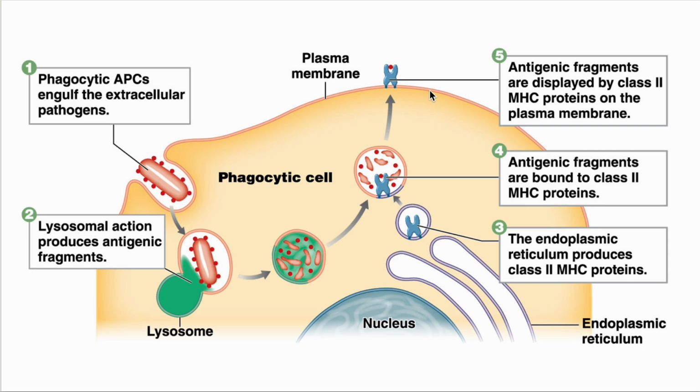And the other immune cells will be like, oh, this is my fellow coworker who discovered this pathogen, and now they're showing me the antigen that I should be on the lookout for. So that's another way that specific immunity could be triggered.